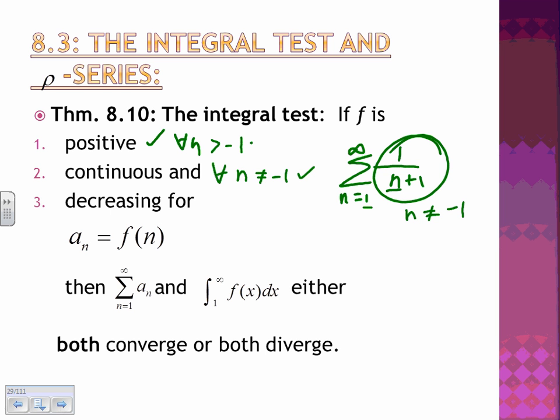Okay, the next part you're going to have to do is show that it's decreasing. Again, you can do 2 things. You could take the derivative and show that you get a negative answer.